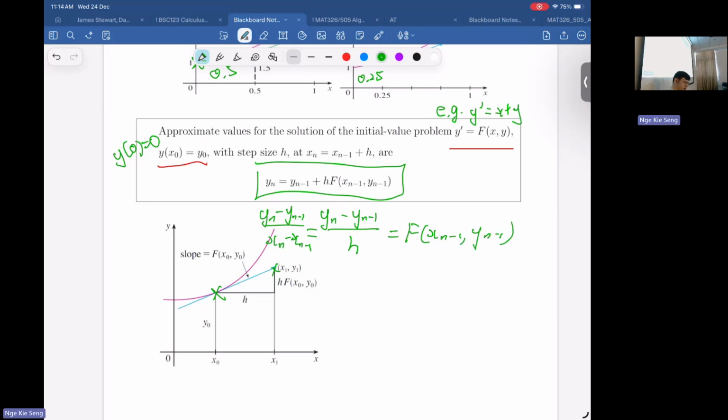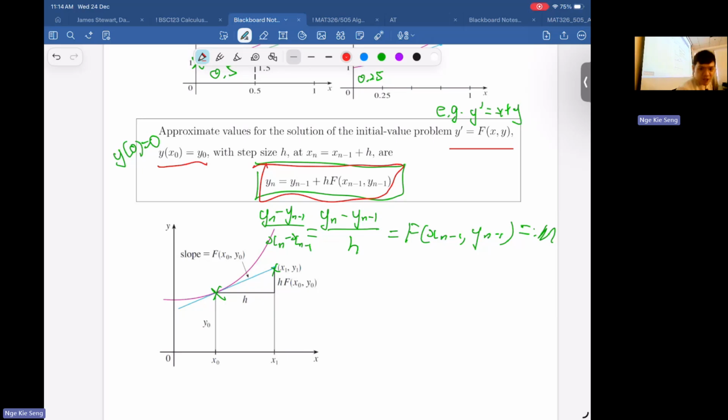Right? This is the gradient, what we called gradient last time: change in y over change in x. So this is a very straightforward idea, although we write it in a form that maybe you cannot recognize. Really it's just change of y over change of x, but your change of x is already fixed, say a fixed 0.5 each time. And this f here is actually the derivative, the gradient. Make sense?